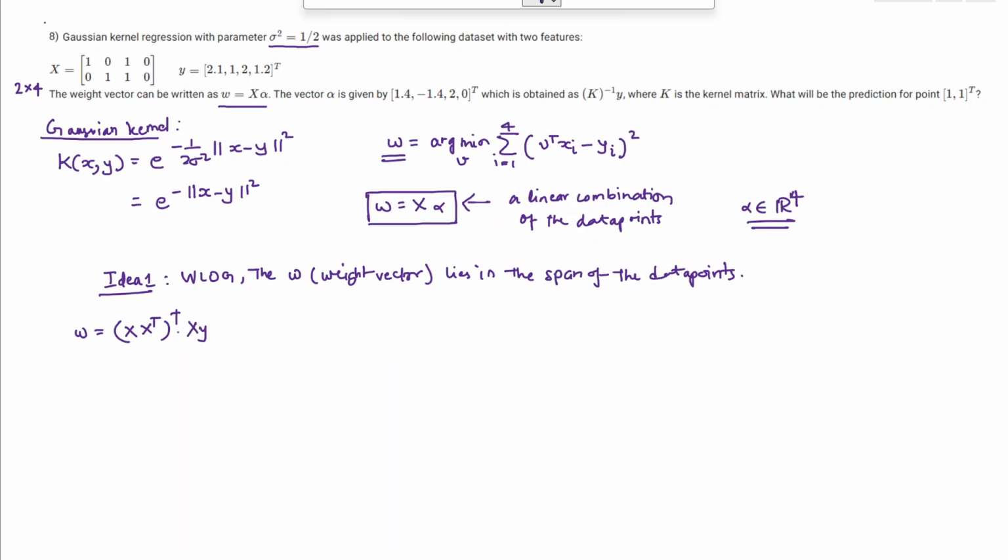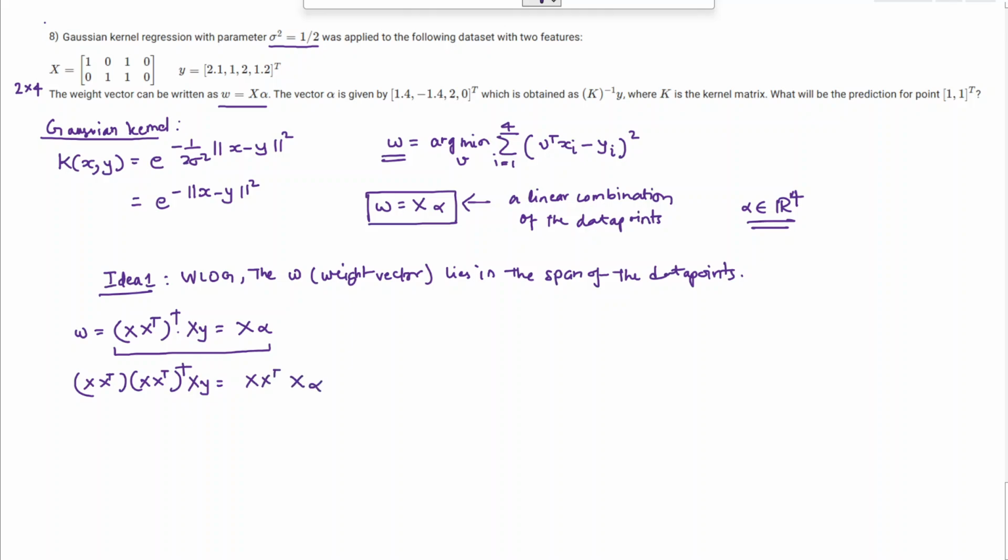Now it is given that w is nothing but X times alpha. In this equation, if I multiply by XX transpose on the left, what do I get? I get XX transpose and then (XX transpose) pseudo inverse. Remember, this will be the identity matrix, because anything multiplied with its pseudo inverse becomes the identity matrix, times Xy equal to XX transpose X alpha.